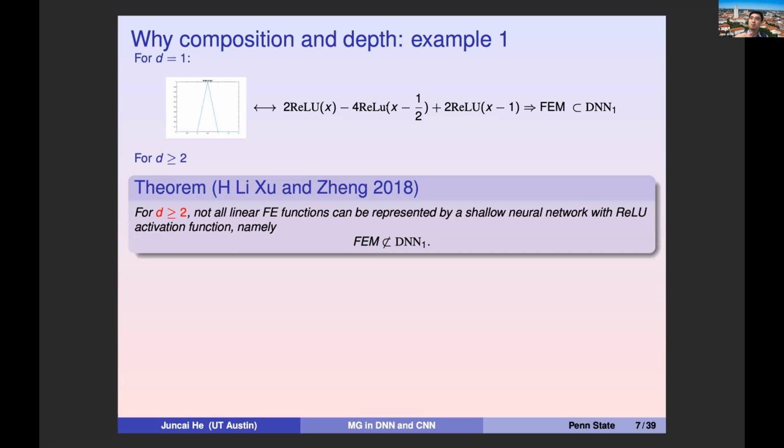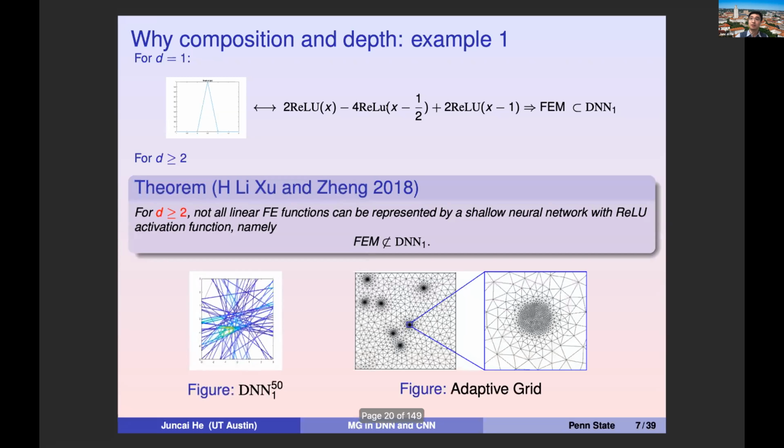What if we move to 2D? Things become totally different. One of the main features we can see from the next diagram is that if we have 2D and we have, say, 50 neurons, the mesh, the grid created by this deep neural network, is just created by some straight lines globally.